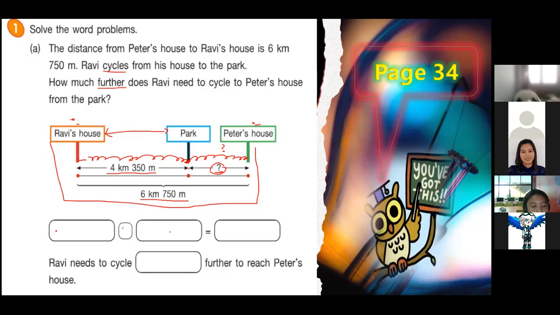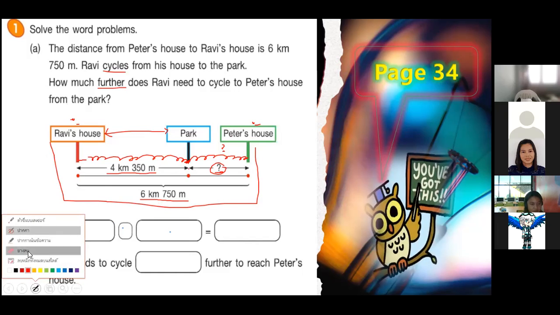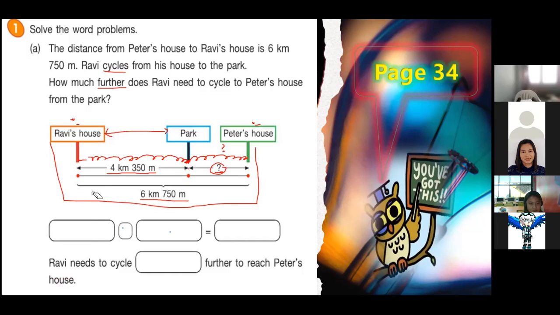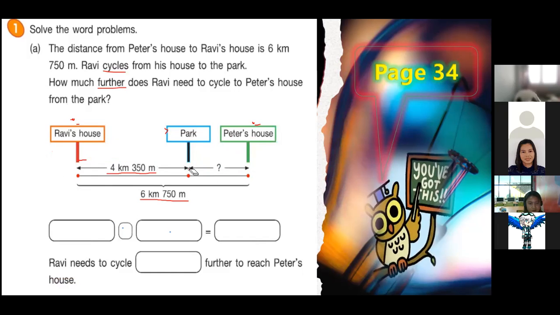So what will be our number sentence? Who can answer our number sentence? What will be our number sentence? Okay, you answer and we will answer it together. We will check it after.